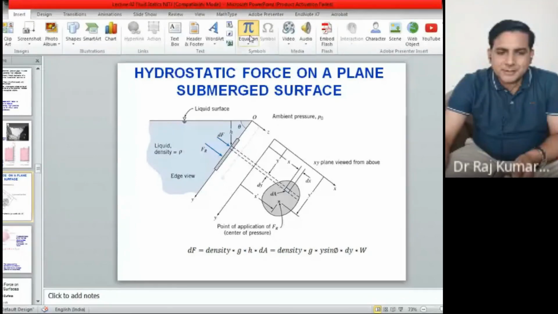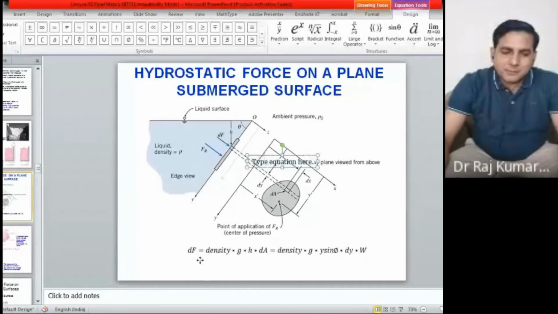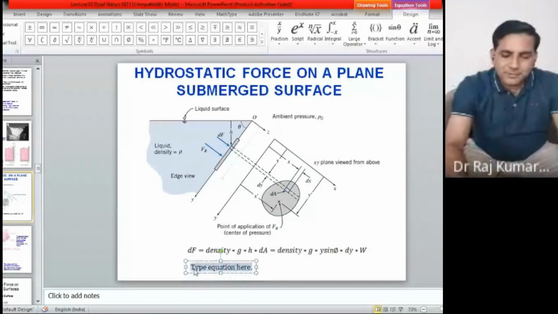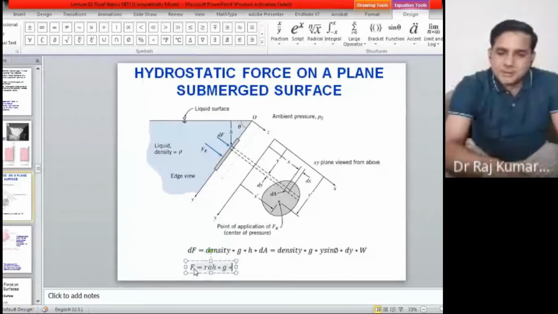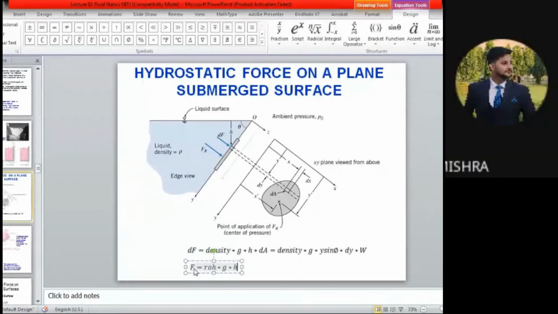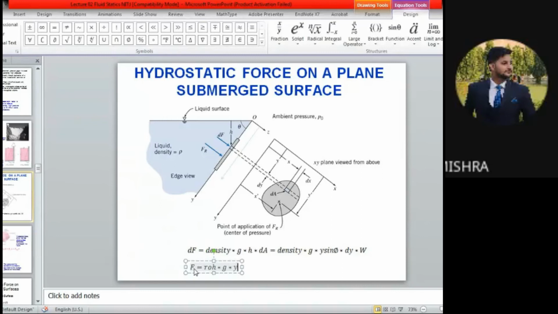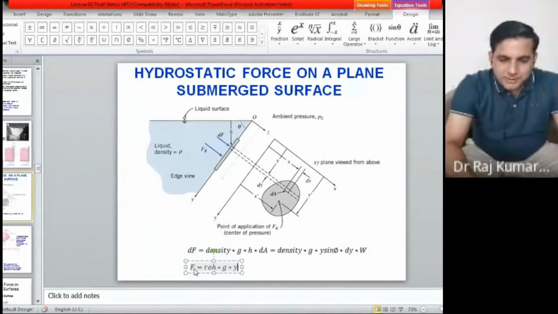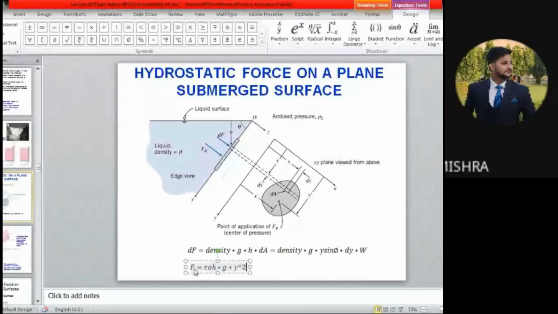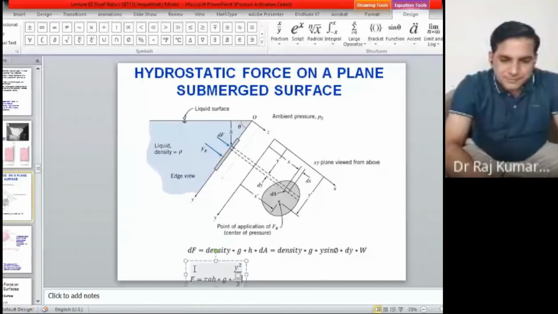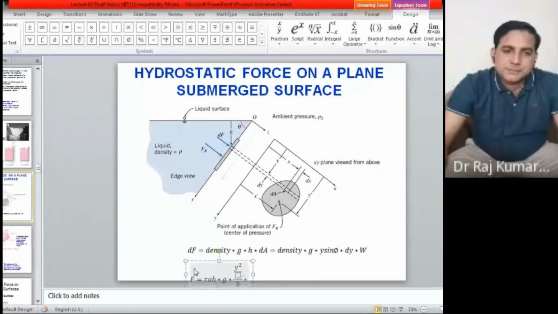So if you do the integration, F would be equal to rho, where rho is density, then g into h. Your h has changed now, so you have y square by 2 sin phi, then into sin phi, right?